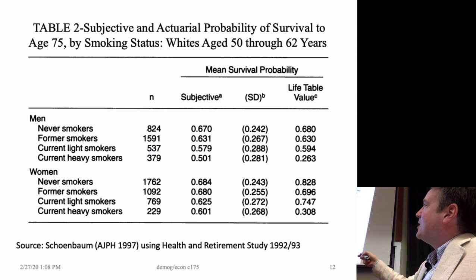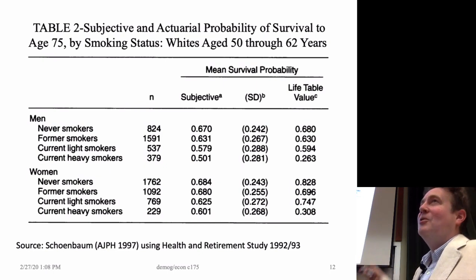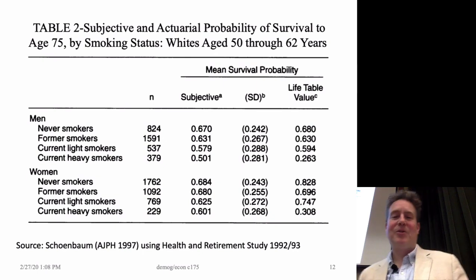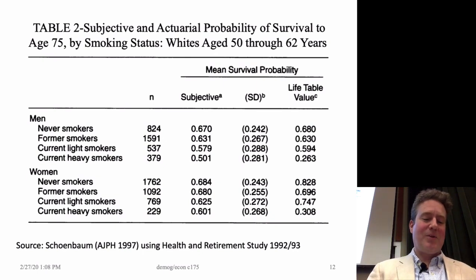So what popped out then was that they were aware that this was an impact, but weren't that realistic about how just great an impact it was. So this 0.501 means that male current heavy smokers knew that their survivorship probability was lower, but they didn't get that it was going to be this much lower if they were heavy smokers, which is a bit sobering. And so why do health economists love this? People are smart, but they're not that smart.